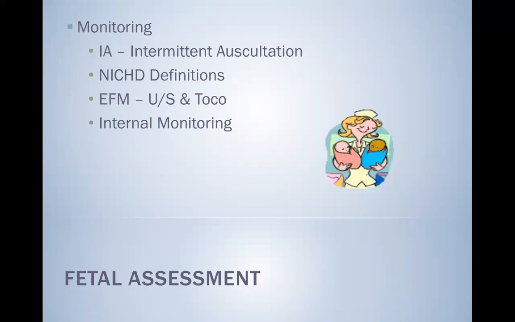So we have a couple different ways that we can monitor. We can monitor using intermittent auscultation, in which case we would listen periodically to the heart rate. The standard is 40 minutes off the monitor and 20 minutes on.